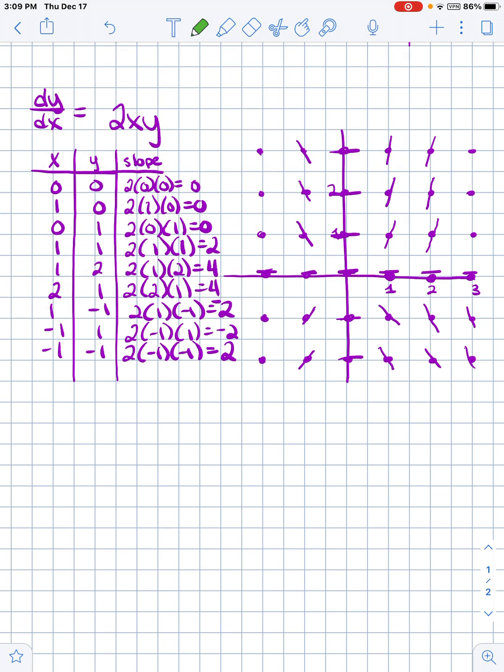So let's just say you're given this differential equation. The question will be, find the particular solution. You've seen this before.